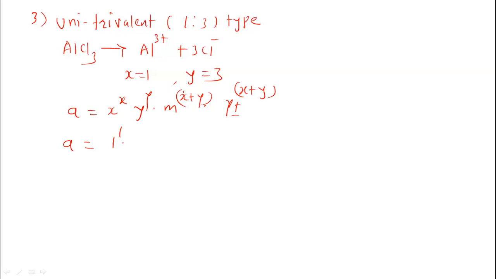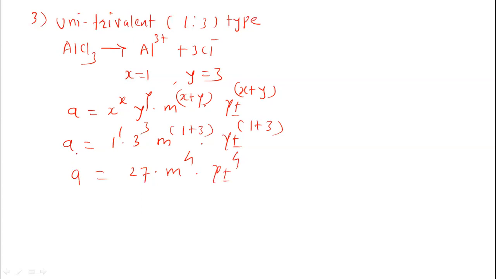Then y equal to 3 here, so it is 3 raised to 3, m raised to 1 plus 3 and gamma plus minus raised to 1 plus 3. So it is equal to 27 into m raised to 4 into gamma plus minus raised to 4. So this is the expression for the activity of the unitrivalent, that is 1 is to 3 type electrolyte.